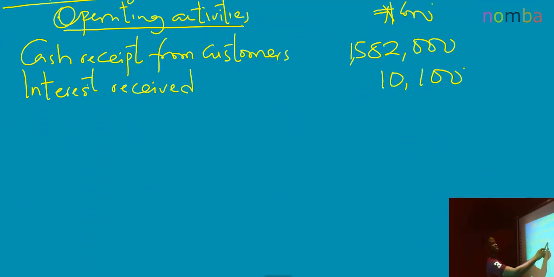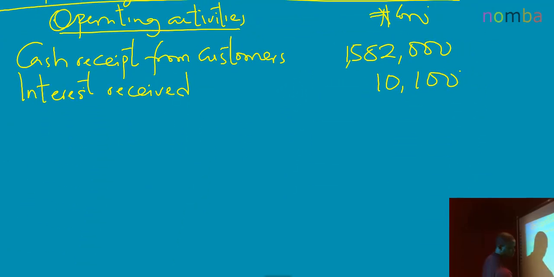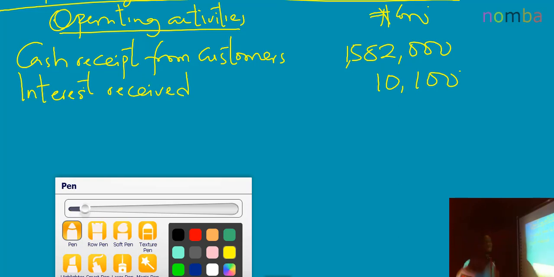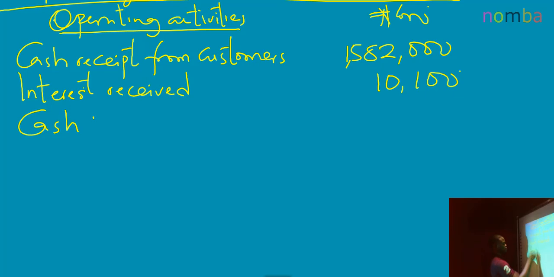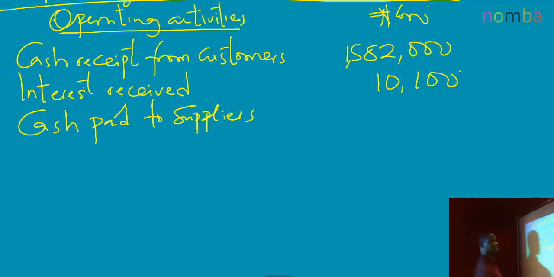And that 964,000 represents the portion of the purchases that has been paid to the supplier. So we're going to have that as cash paid to suppliers. Cash paid to suppliers is 964,000, and because it is an outflow, it is to be in brackets.